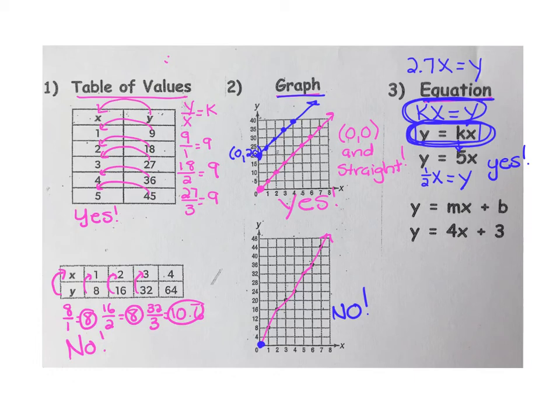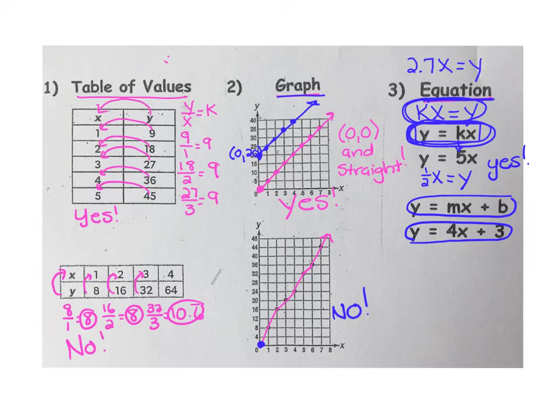If an equation takes on this look or format, it's not proportional. Take a look at the example you've been given. Y equals 4x plus 3. This is linear, meaning it would form a line, but it wouldn't start at 0, 0.